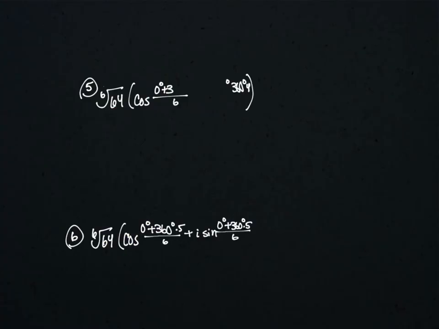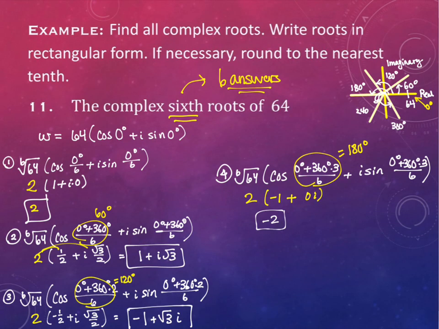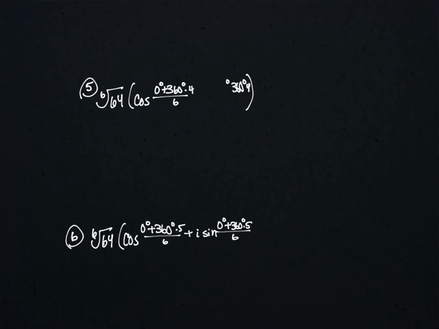Our last 2 are over here, despite the fact that they're kind of all messed up. It was times 3 this time, right? 4. Did I already do the 3? Okay, so I'm at times 4. It's really messy. But what is 360 times 4 divided by 6?